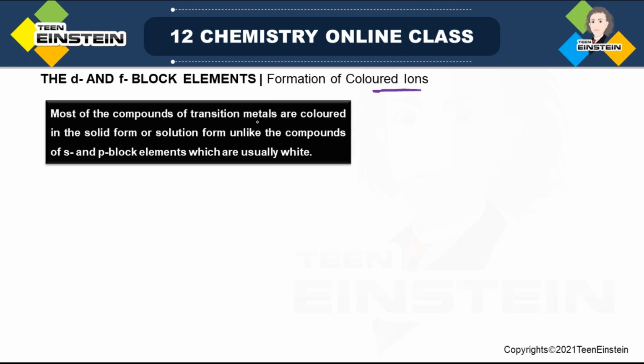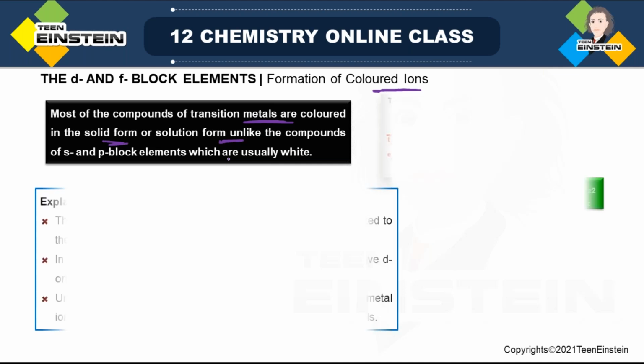Most of the compounds of transition metals, whether complexes or salts, are colored in solid form or solution form. So if you simply take the solid compound, it may be colorful, or if you make some aqueous solution, then also it can show color. But unlike the compounds of s and p block elements, which are mostly white, you will not see this property there. So why do they have such a unique property, that we have to understand.